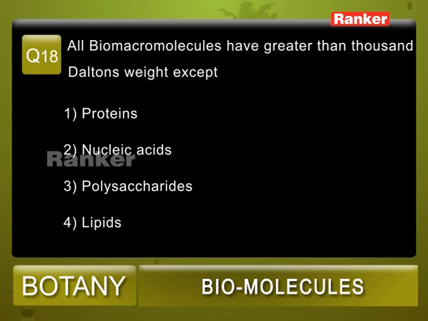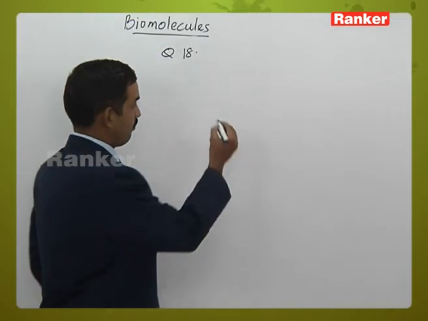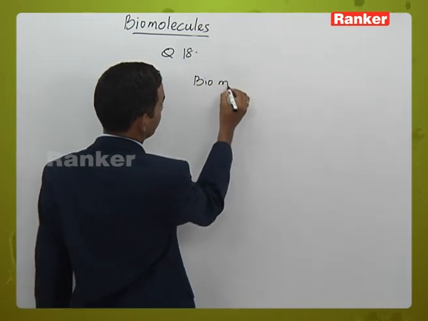Question number 18, all biomacromolecules have greater than 1000 Daltons weight except options: 1 proteins, 2 nucleic acids, 3 polysaccharides, 4 lipids. Okay, what are these biomacromolecules?